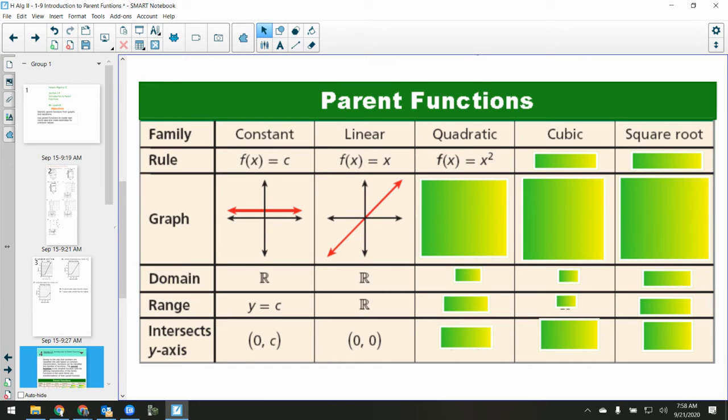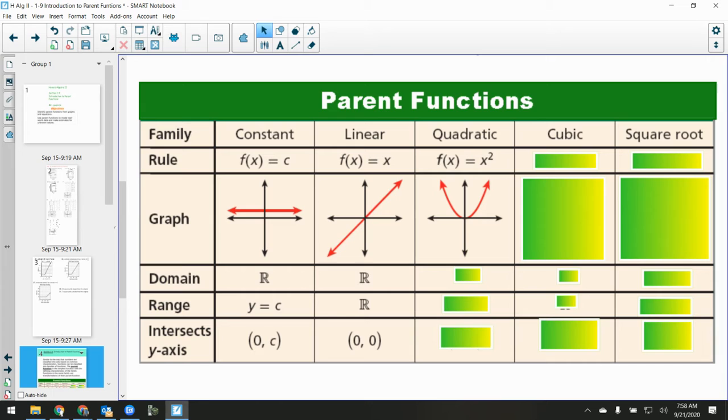I plug in 4, I get 16, and so on and so forth. What happens if I plug in negatives in here? It turns back positive, right? Plug in negative 2, it turns positive 4. Plug in negative 3, it turns positive 9. So the graph looks like this parabolic shape. It looks like a parabola going up on not only the right side, but also the left side as well.